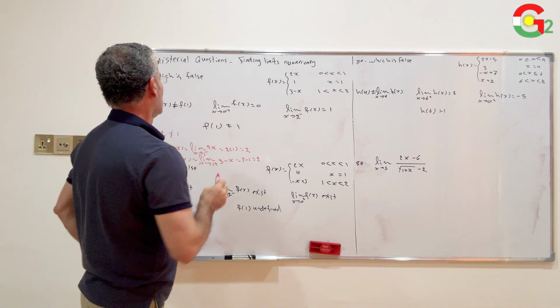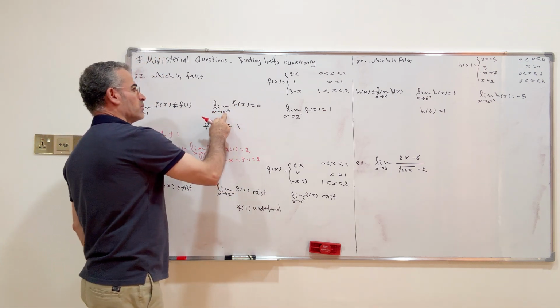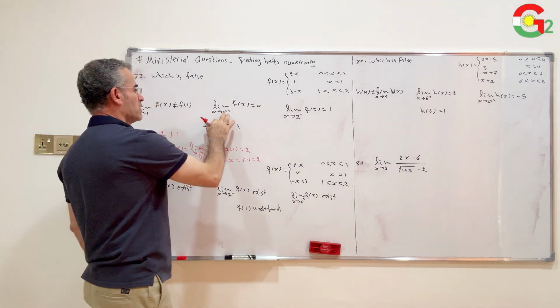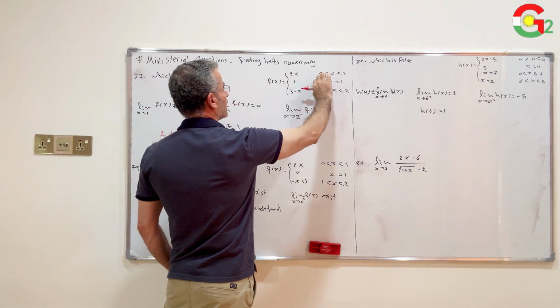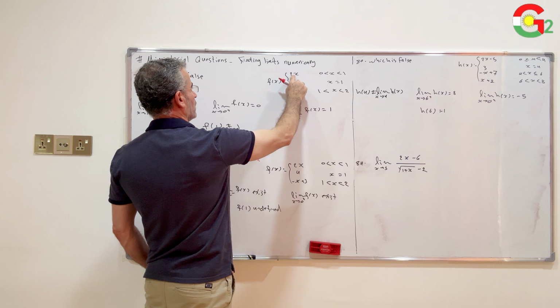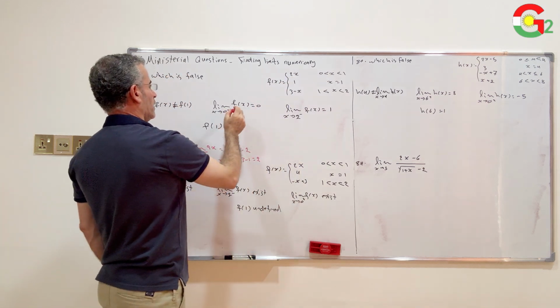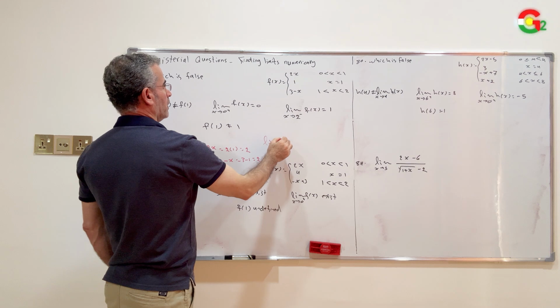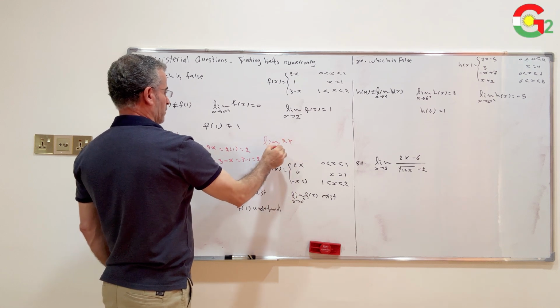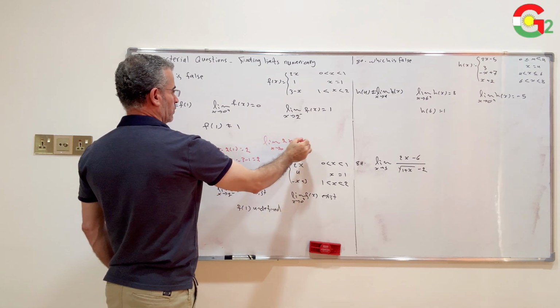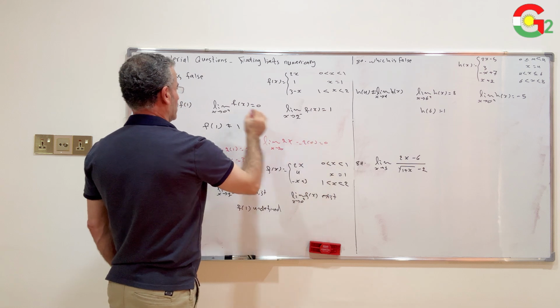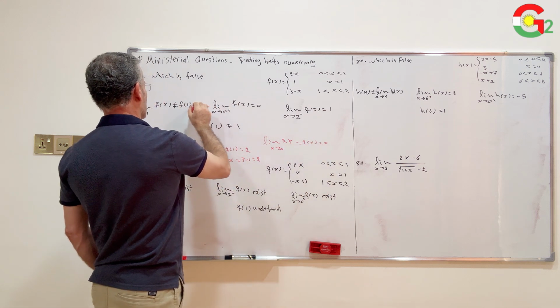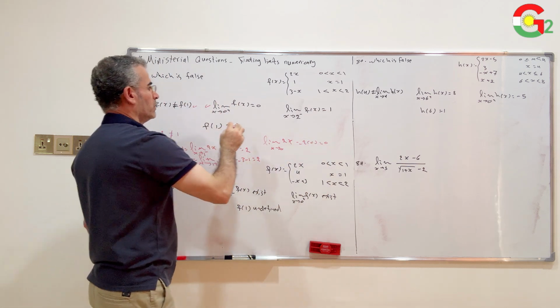Let us see. The limit of f of x when x approaches 0 from right. 0 from right means x greater than 0. I substitute here. Then the limit will be 2x when x approaches 0, then 2 times 0 is 0. Then this statement is also true.